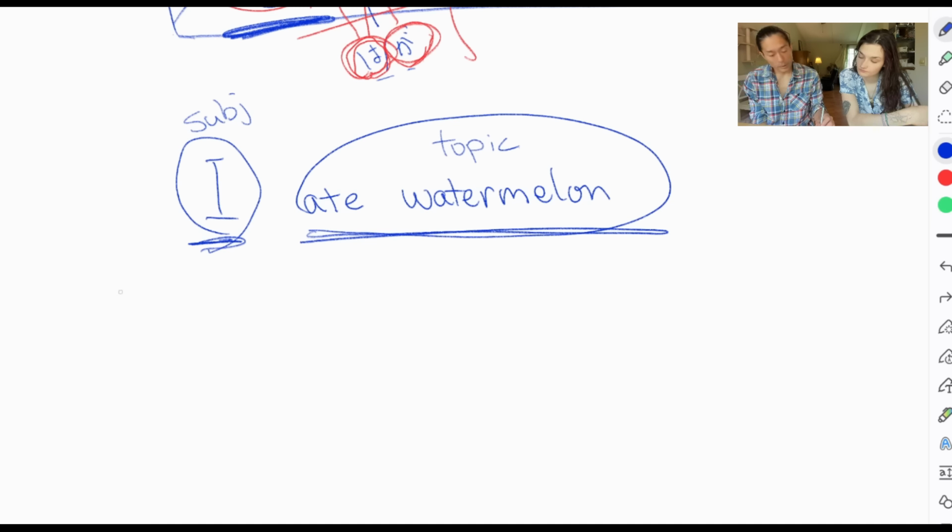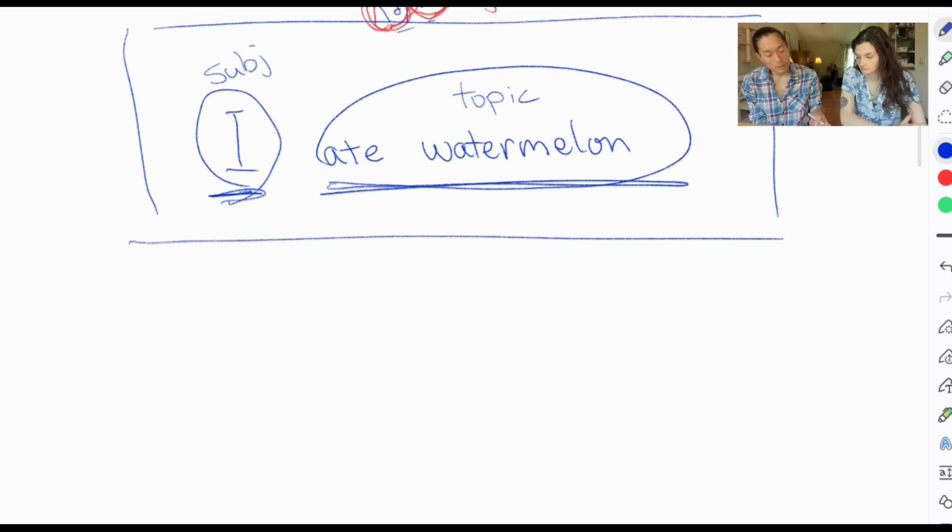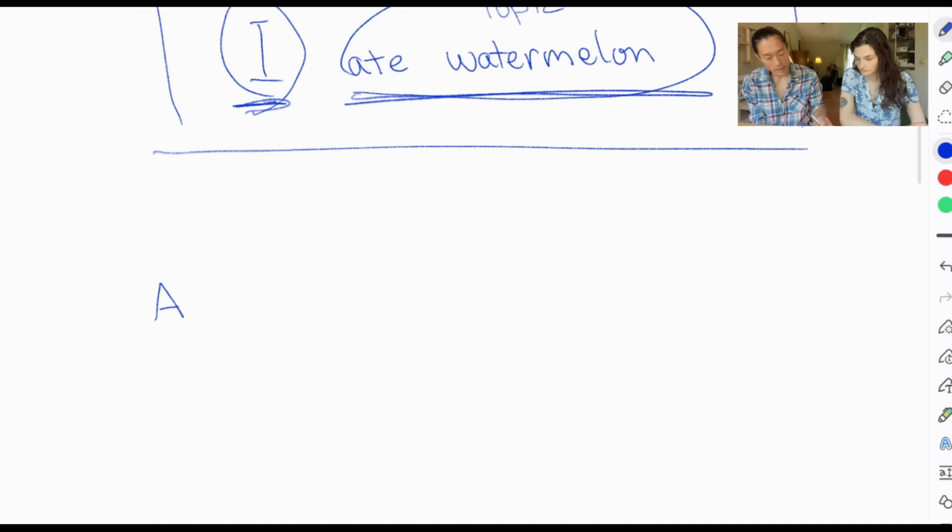So, with this sentence, we're not going to change the sentence at all, but we're going to change the setting or environment, like situation A and situation B.